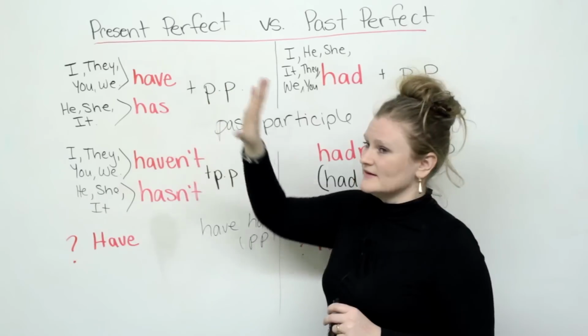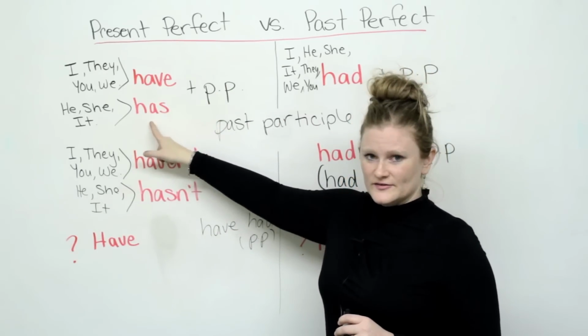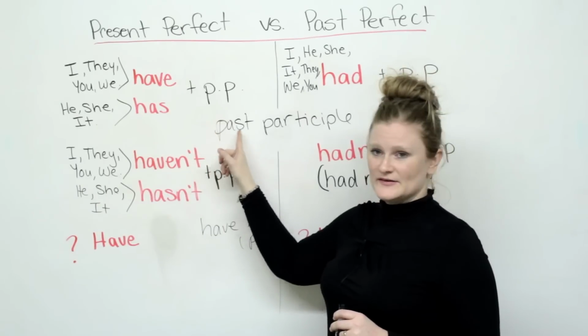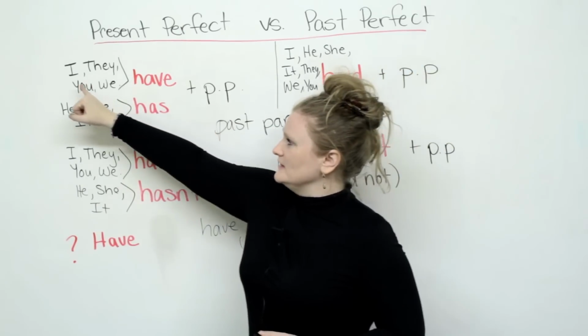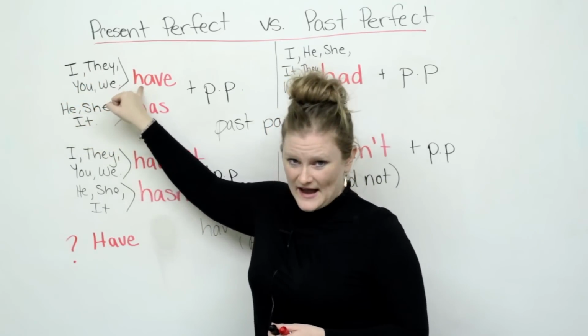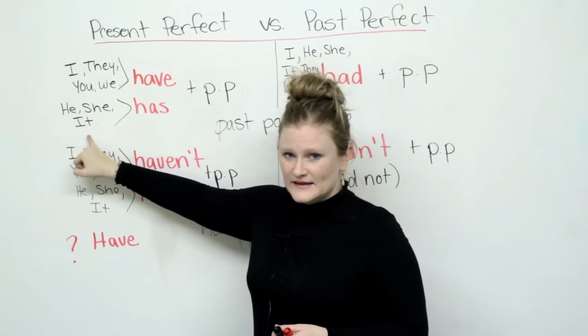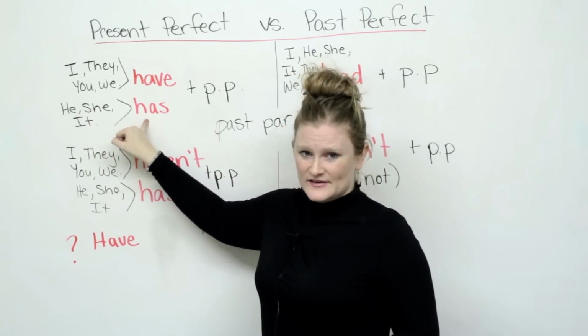So, present perfect is have or has plus the past participle. If it is I, they, you, and we, you have to use have. If it is he, she, or it, you have to use has.